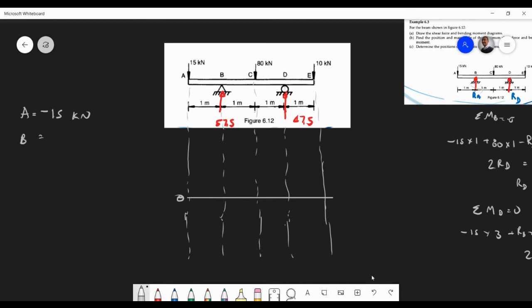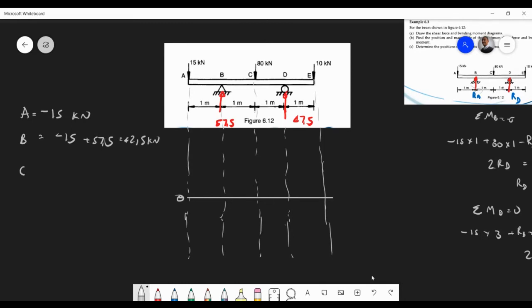So at B we have minus 15 plus 57.5, which is 42.5 kilonewtons.